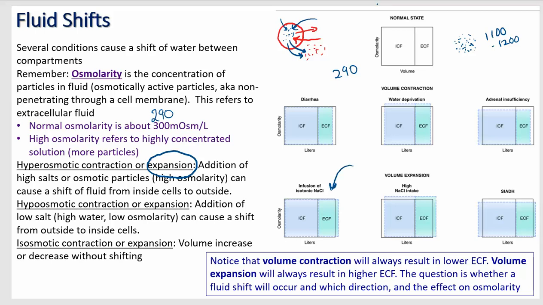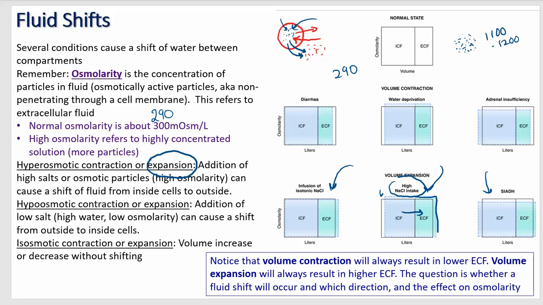On the bottom here we can see volume expansion, and these examples are both examples of expansion. Addition of high salts or osmotic particles can cause a shift of fluid from inside to outside. So with high salt intake, it's going to cause the movement of fluid from the intracellular, which was full, to the extracellular, and we have an overall expansion.